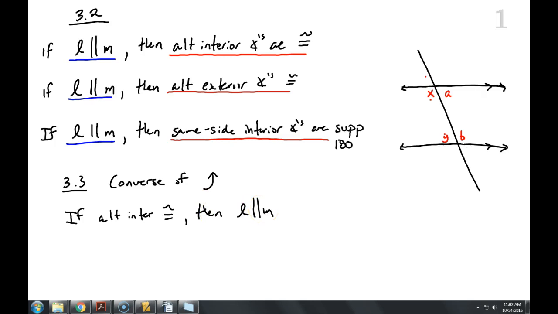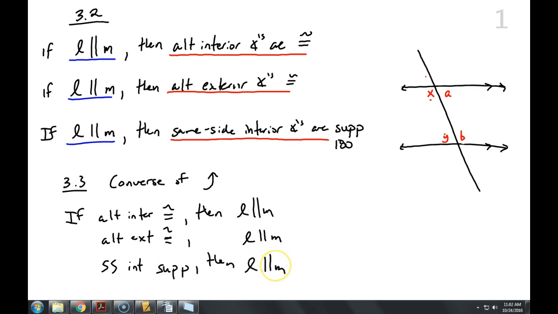I'm not going to write all the rest of it out, but if alternate exteriors are congruent, then L is parallel to M, and if same side interior are supplementary, then you can conclude L is parallel to M. So the whole point of 3.3 was these are ways to prove lines are parallel. That's pretty much all 3.3 is, and the examples are all very similar to what we did in 3.2, so we didn't really feel like it was worthy of its own section.